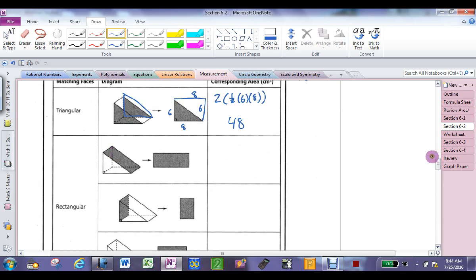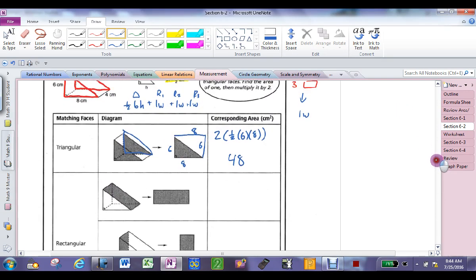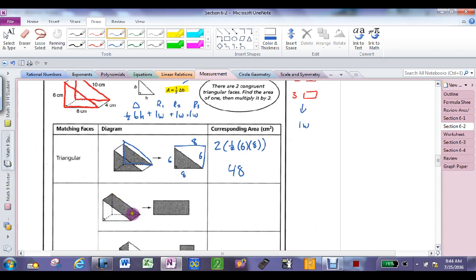Now, look at this one. It's this rectangle. How long is this side? 10. So how long is this side? 10. Excellent. How long is this side? So how long is this side? 4.